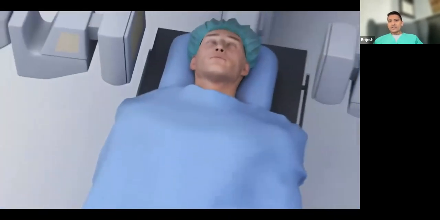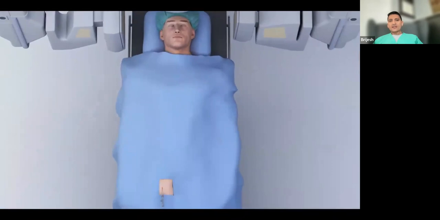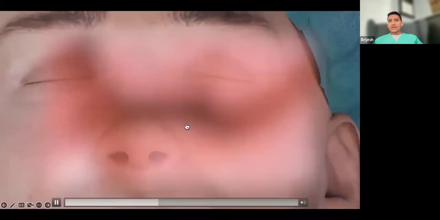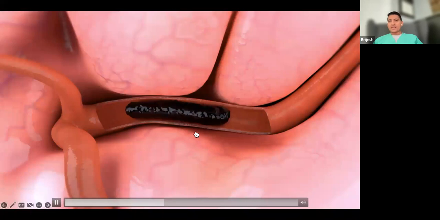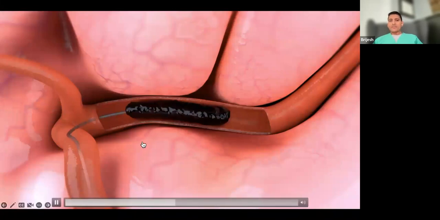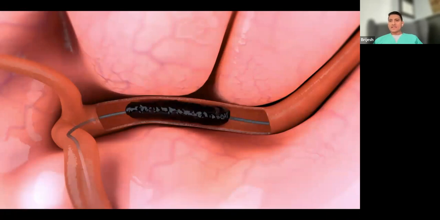We go through the artery in the leg, and under x-ray guidance, we're able to see many of the blood vessels, and we go past the heart, up to the aortic arch, select the blood vessel that's blocked in the brain, and we have knowledge of what might be blocked based on the CT scans we performed in the emergency room after you all bring the patients to the hospital.